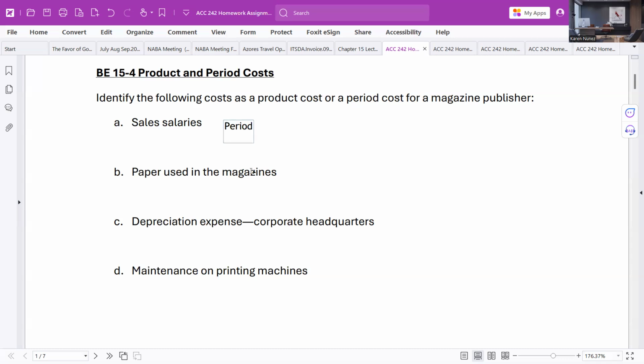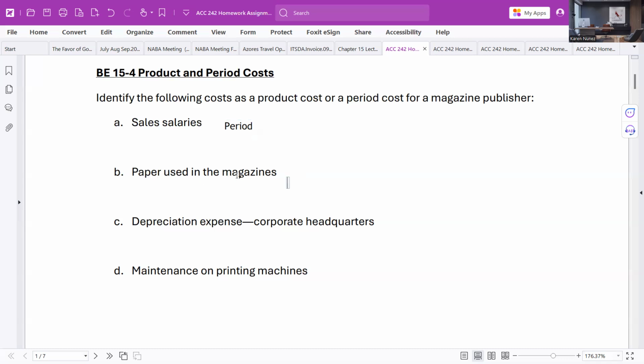And then we've got paper used in the magazines. So again, what you need to think about here for all of these costs is, are they related to manufacturing or not? If they're related to manufacturing, then they are a product cost, and they would therefore be direct materials, direct labor, or factory overhead.